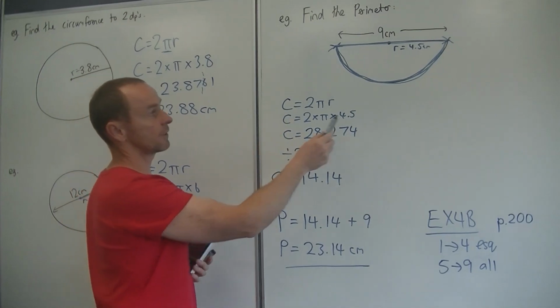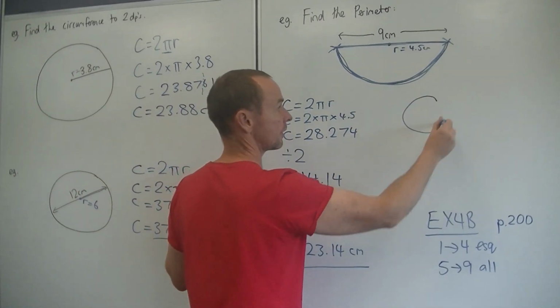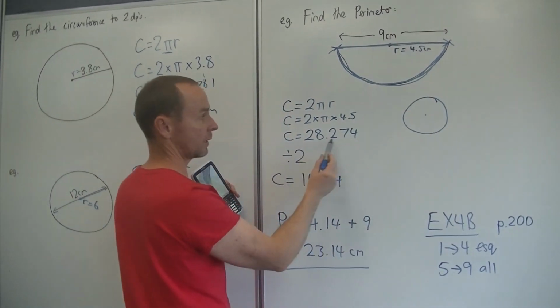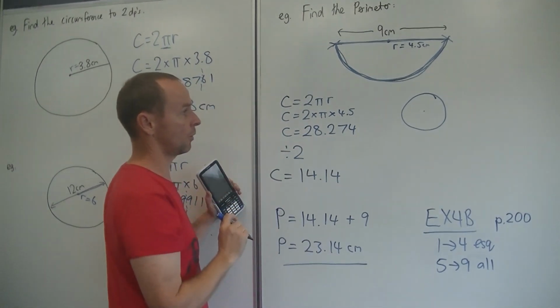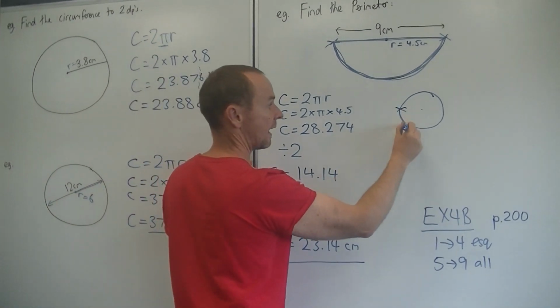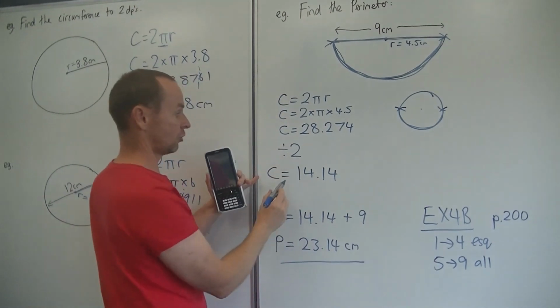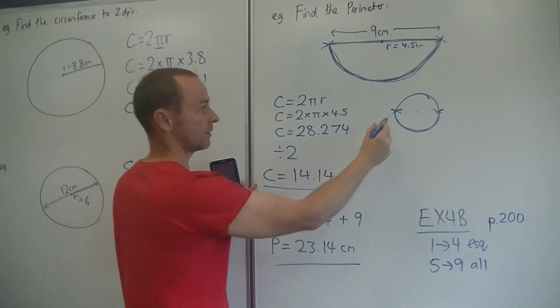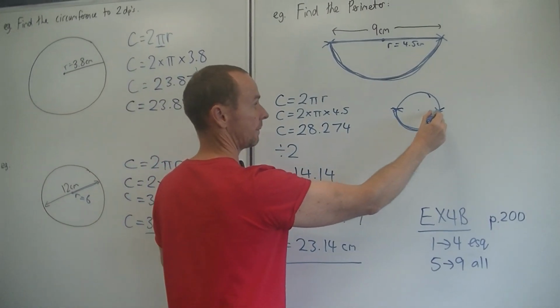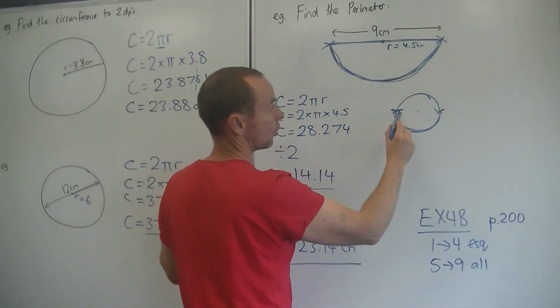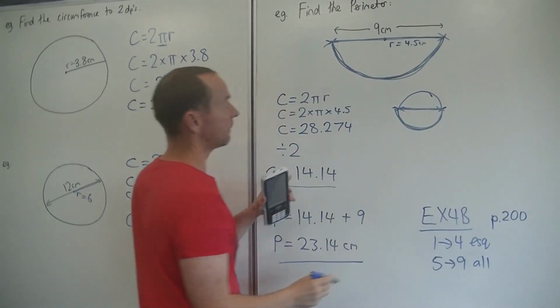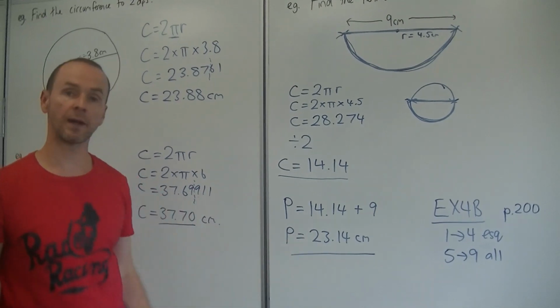You work out the circumference of a whole circle. So the whole circle circumference was 28.274. But since we only had half of the circle, we divide it by 2, and there's the distance from there around to there. And then the perimeter also includes that distance across there, so we added the 9 on and we get our answer.